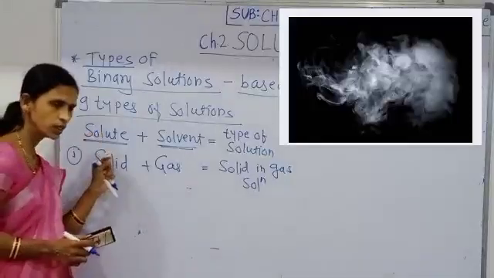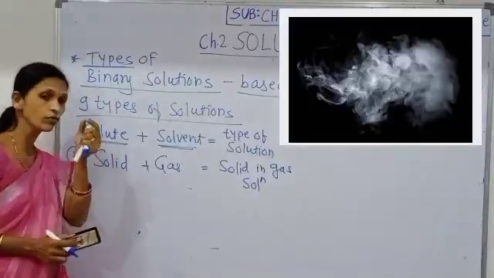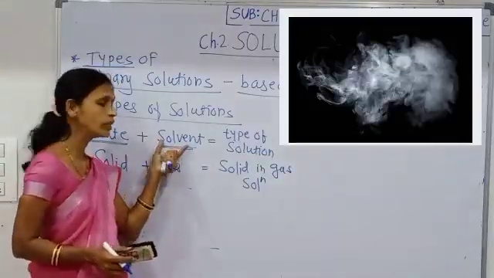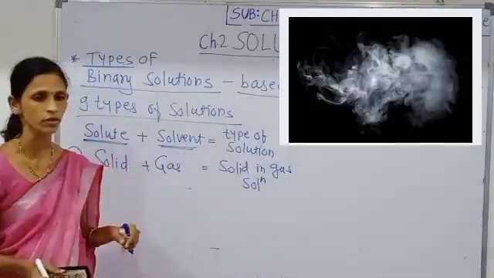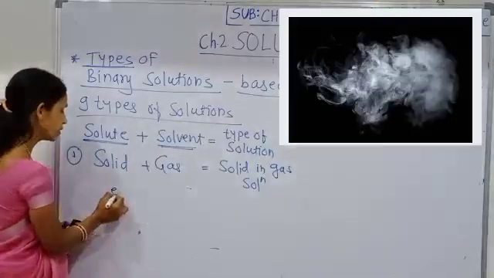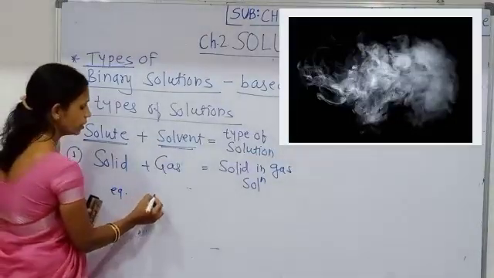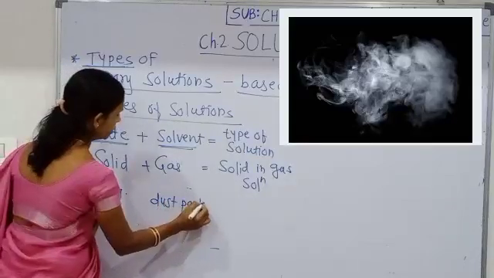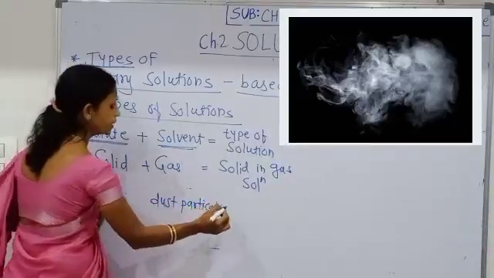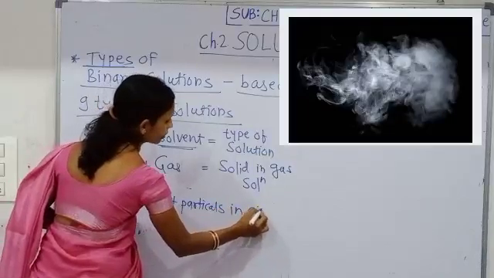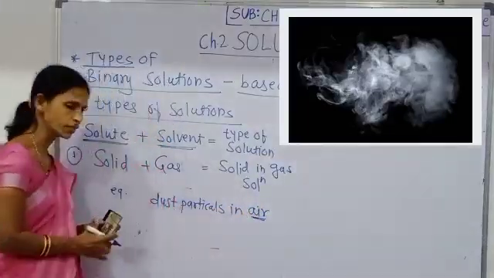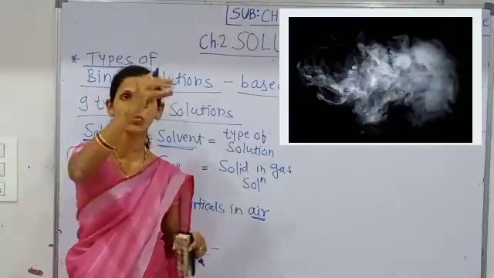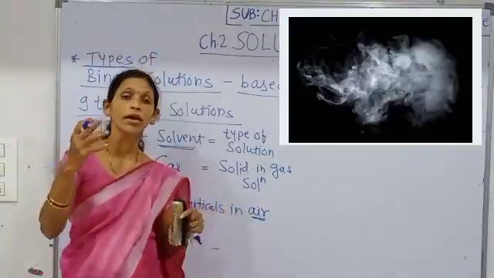Focus here: solid is the solute, therefore it is in less amount, whereas gas is the solvent, therefore it is in larger amount. Examples are dust particles present in air. Air is gaseous in nature, while dust particles are solid particles floating in the air.